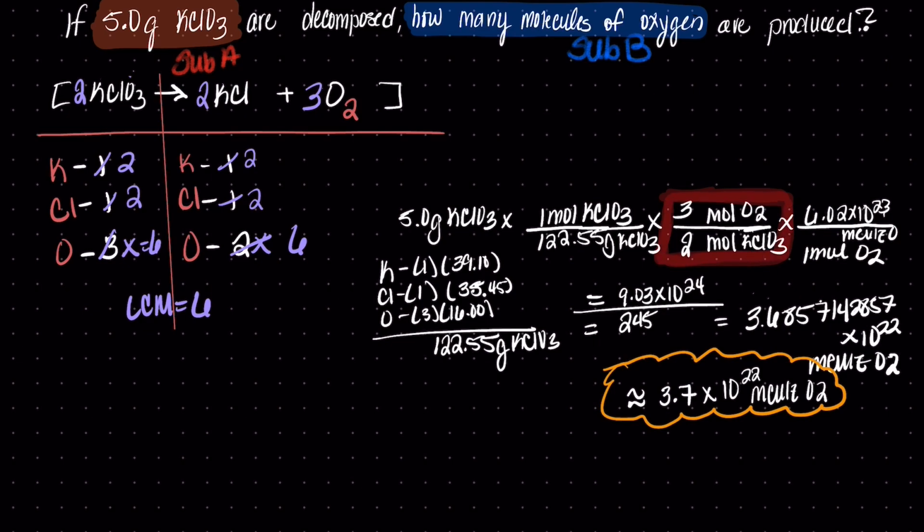It's leveraging that molar ratio to turn from substance A on this side to substance B over here. To substance B over there. You can't see that at all.